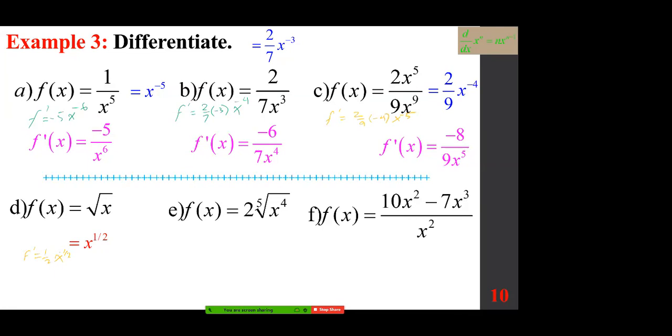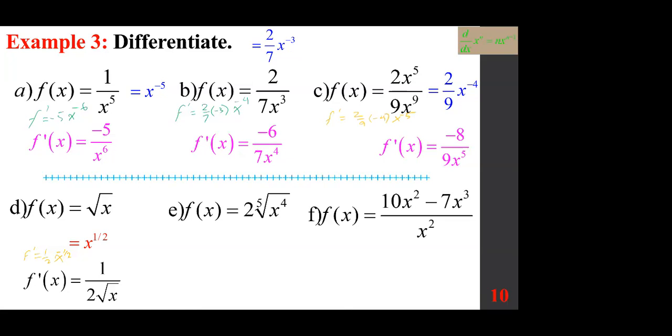So 1/2 x to the power of -1/2, okay, which becomes 1/2 square root of x. Rewriting it results in 1/2 square root of x. So I hope you see we have algebra, calculus, algebraic.